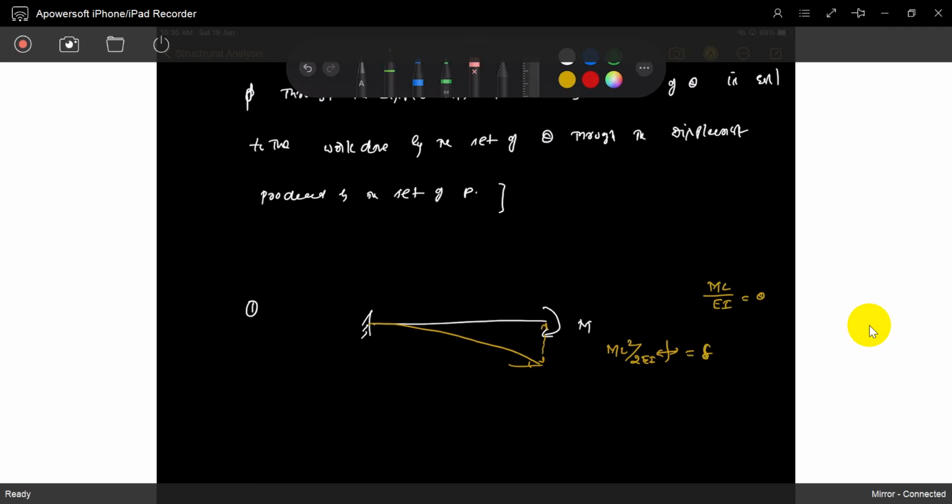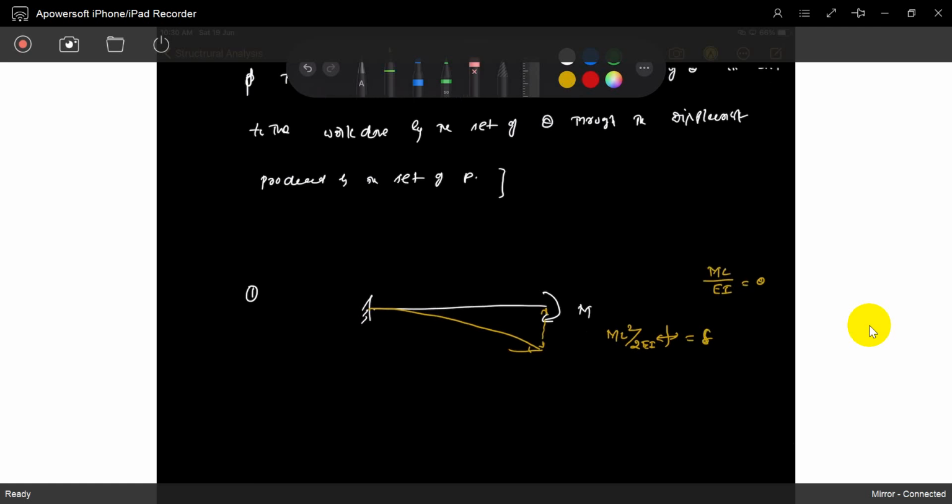But I want to calculate the deformation at L by 2. I want to know the displacement or deformation at that location, the mid point B. How can you calculate it?